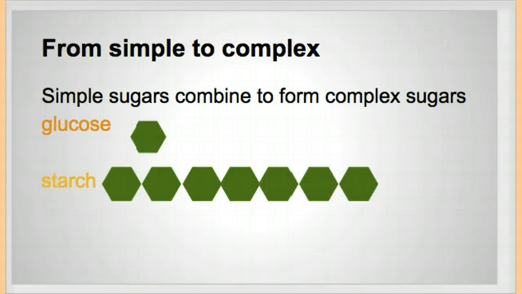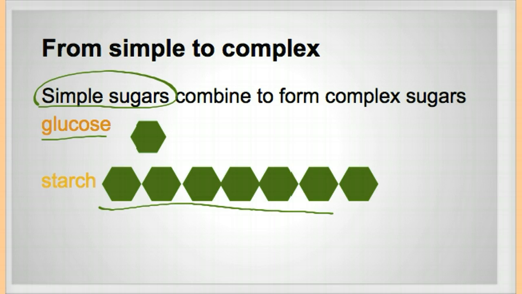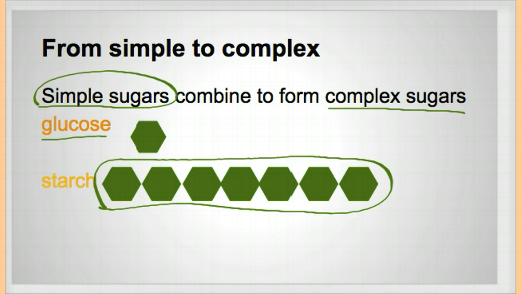Whenever we have just a single sugar or two, this is referred to as a simple sugar because it's just a very simple molecule. Whenever we have many sugar molecules come together, we have what is called a complex sugar.